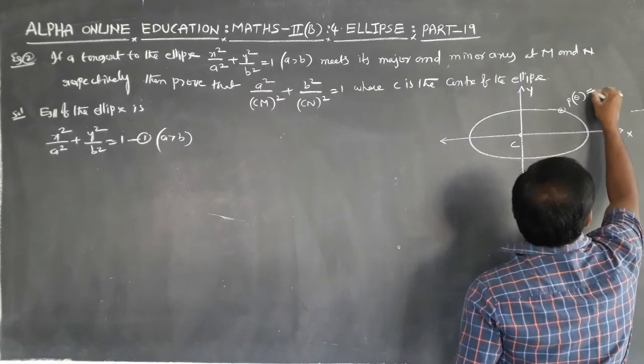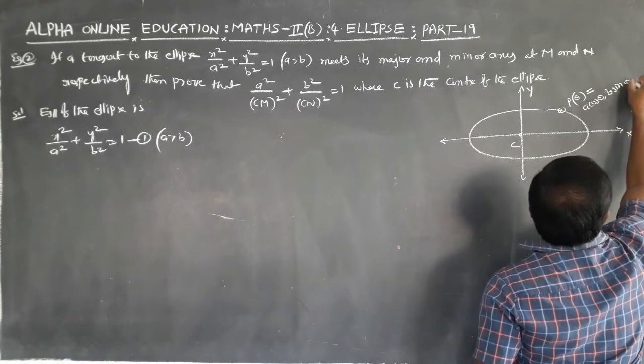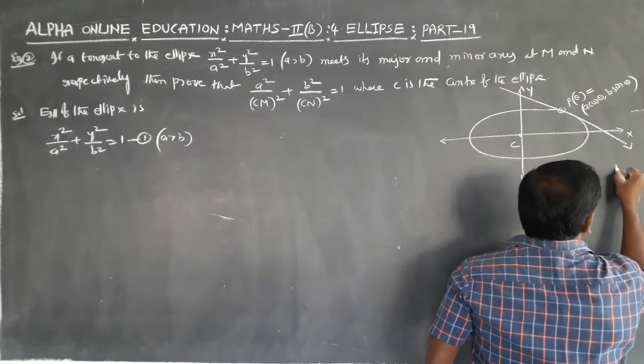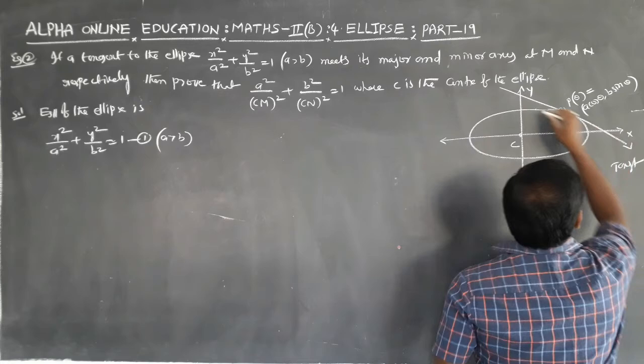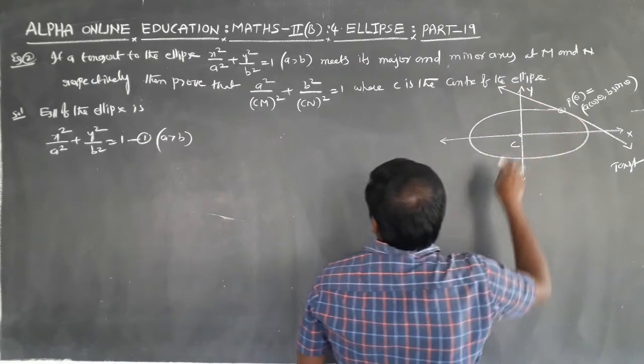P of theta means (a cos theta, b sin theta). This is the equation of the tangent to the ellipse.